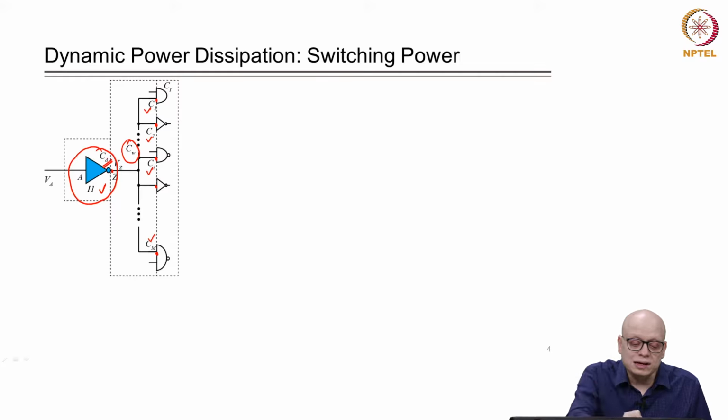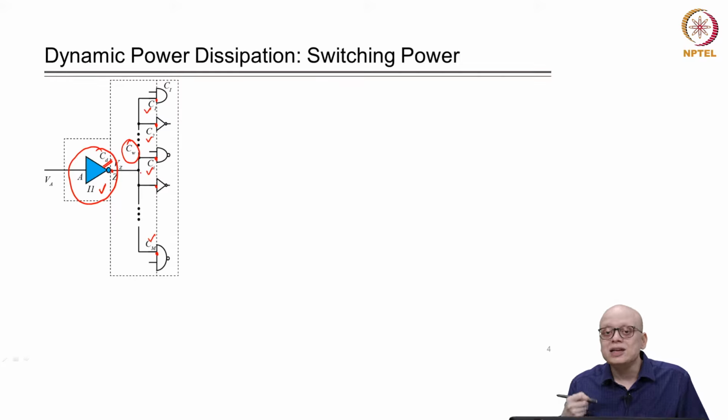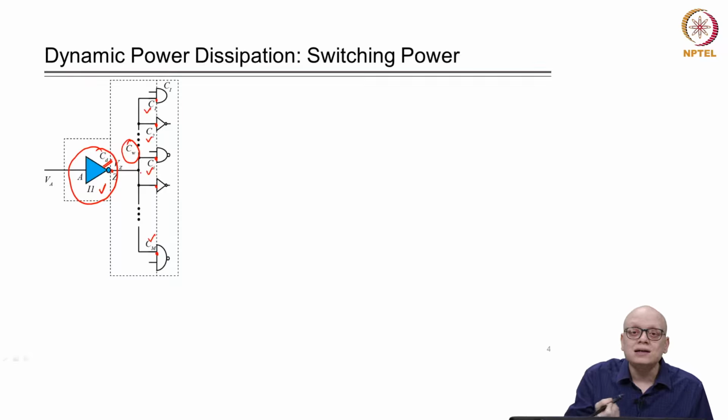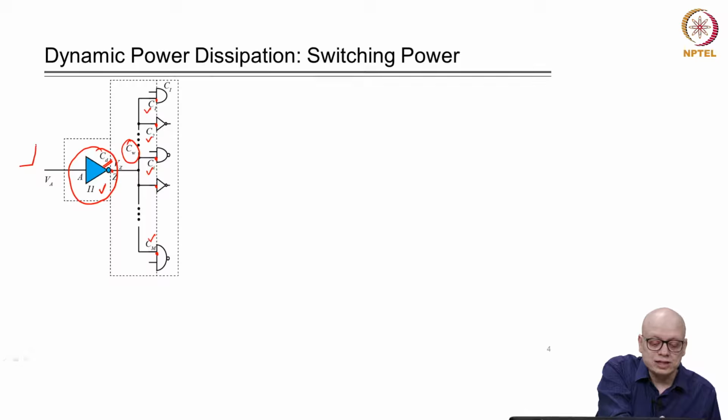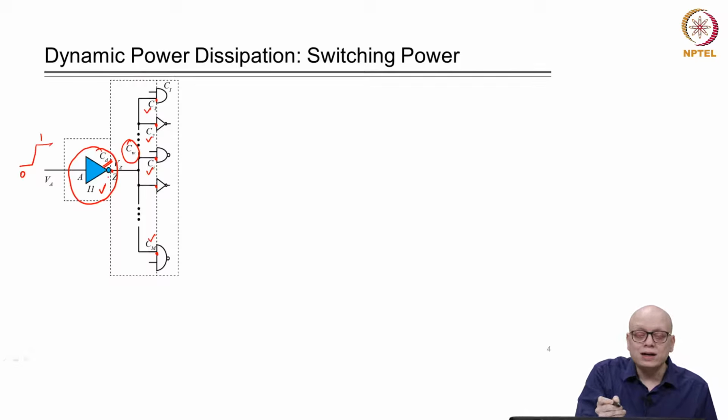These are the various components of the capacitances which will be charged and discharged as the input of the inverter is changing. Suppose the input changes from 0 to 1, then the output will change from 1 to 0.